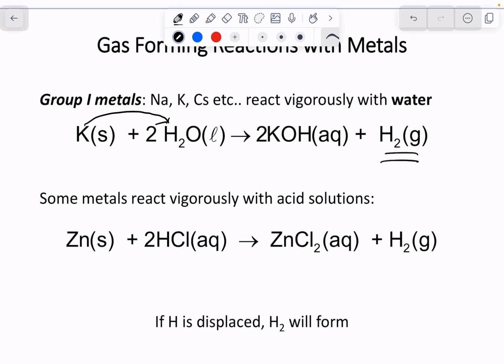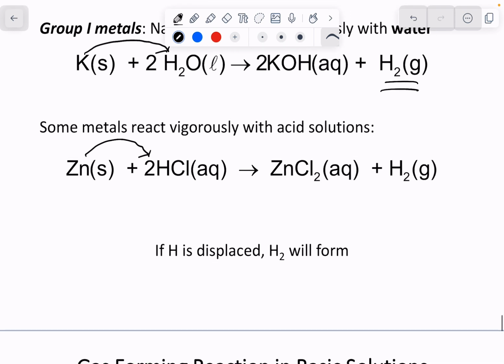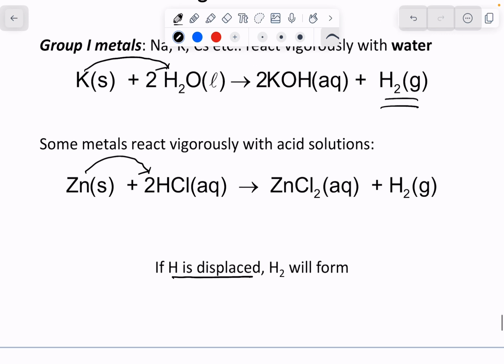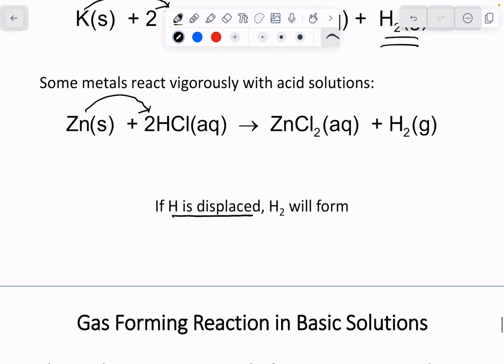The same thing over here. The positive zinc is going to push out the positive hydrogen to form ZnCl2 and H2 gas. So if you displace hydrogen, you'll form H2, especially in an acidic solution.